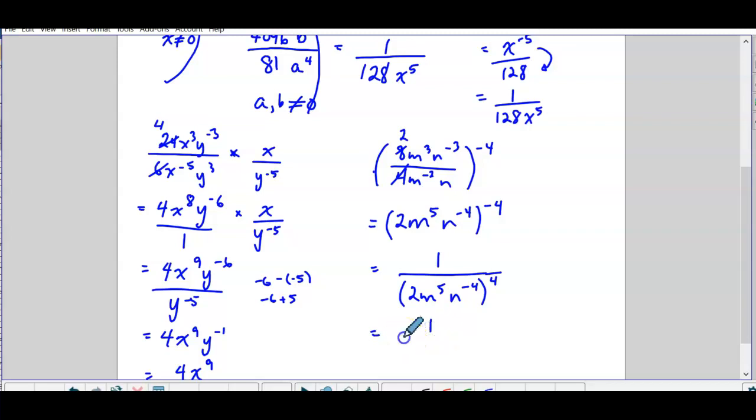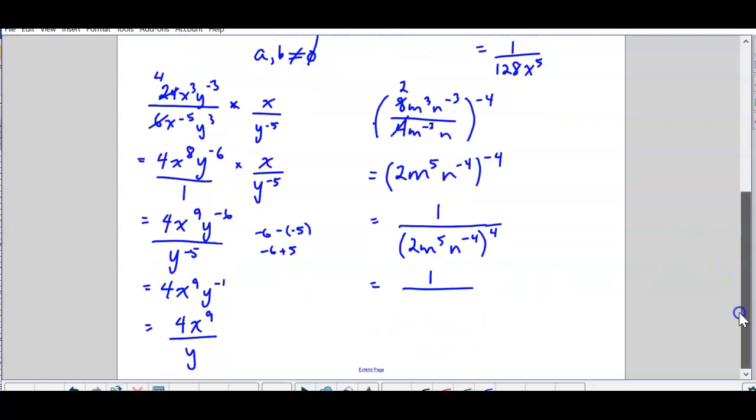And then simplify that. So 2 to the positive 4 is 16. M to the 5th to the exponent 4 is m to the 20. And then this will be n to the negative 16. So notice, not simplified because we have a negative exponent, but the negative exponent is in the denominator. To make it positive, you have to flip it.